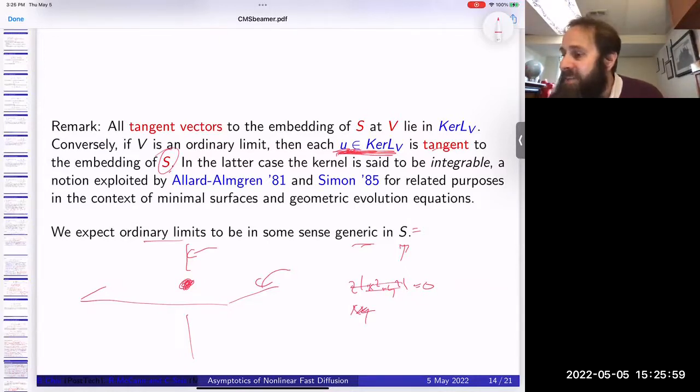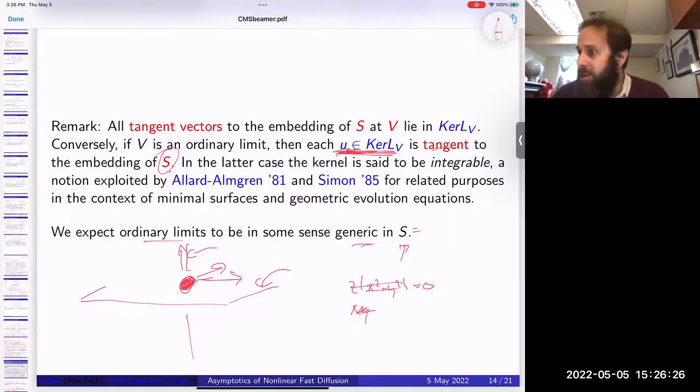Where they intersect, it's not a manifold anymore, but there are null vectors associated with the horizontal vectors, and there's a null mode associated with the vertical vectors. So the kernel in this case is sort of 3-dimensional, but the dimension of the manifold doesn't agree with it. So points like this, singularities of analytic varieties, are small, at least in finite dimensional spaces, and we suppose they're also small in the PDE sense.